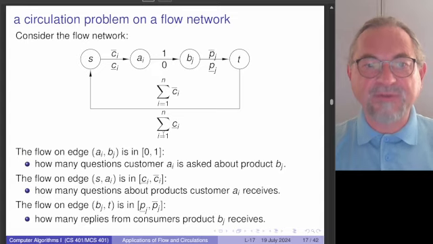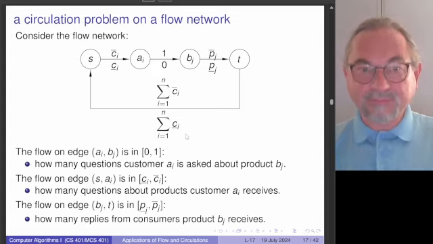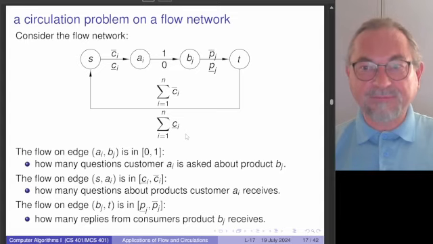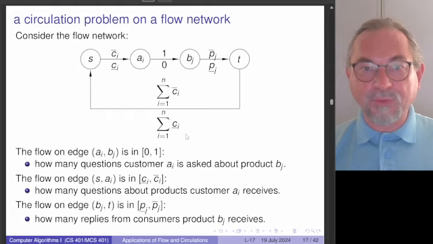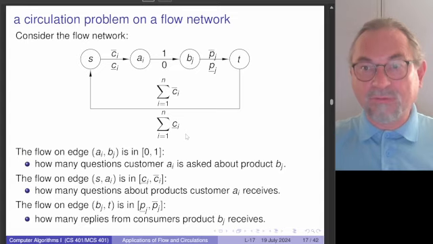This is obvious, the sums of all the upper bounds and the sums of all the lower bounds follow immediately from the notation. Now, obviously, if you have a survey, then the total number of questions also equals the total number of replies that you will receive.